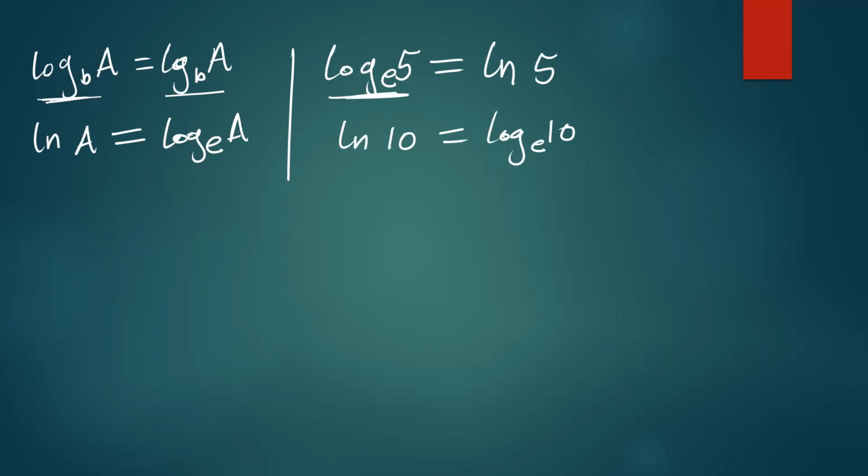So let us now also discuss the rules. The first rule that we're going to look at is that the log of 10 is equal to 1. Why do I say the log of 10 is equal to 1?